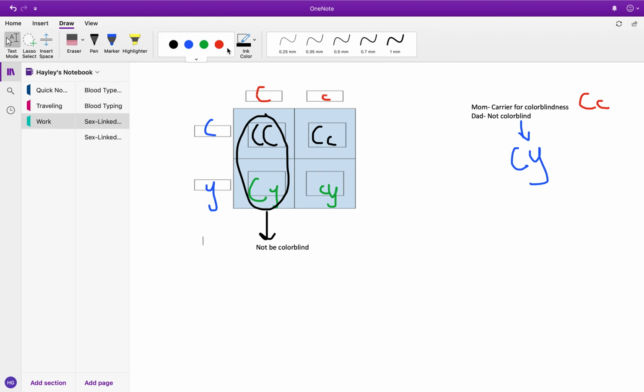But then what we're going to see over here is that this daughter is going to be a carrier for color blindness. Now this son right here, he is going to be colorblind.